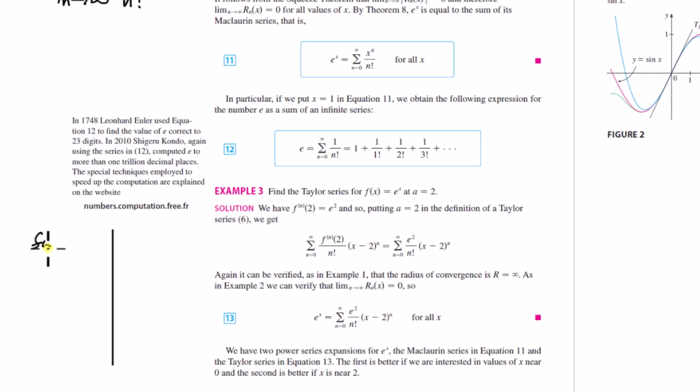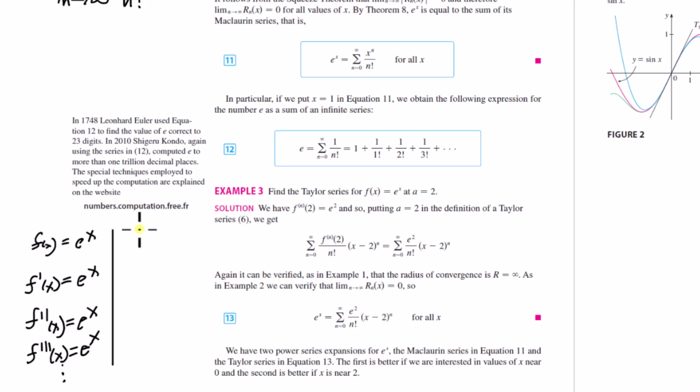So f of x is e to the x, f prime of x is e to the x, f double prime of x is e to the x, f triple prime of x is e to the x, and just go as far as you need to until you can identify a pattern, or maybe even identify that there isn't a pattern. Okay, now on the other side, you plug in the center point into these.